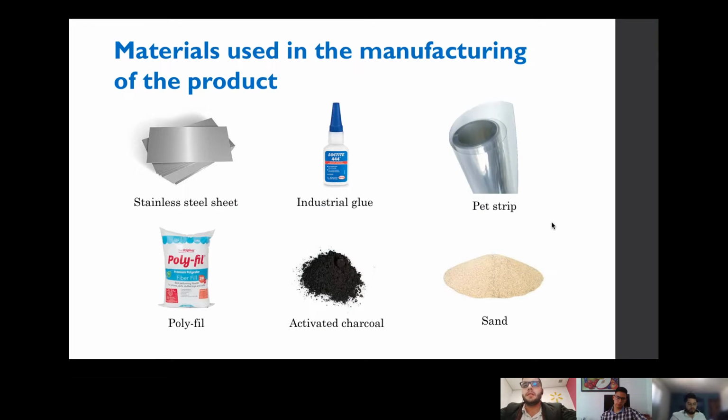Okay, then the materials used in the manufacture of the product. For the casing, it uses a steel sheet, glue, and the PET strip.